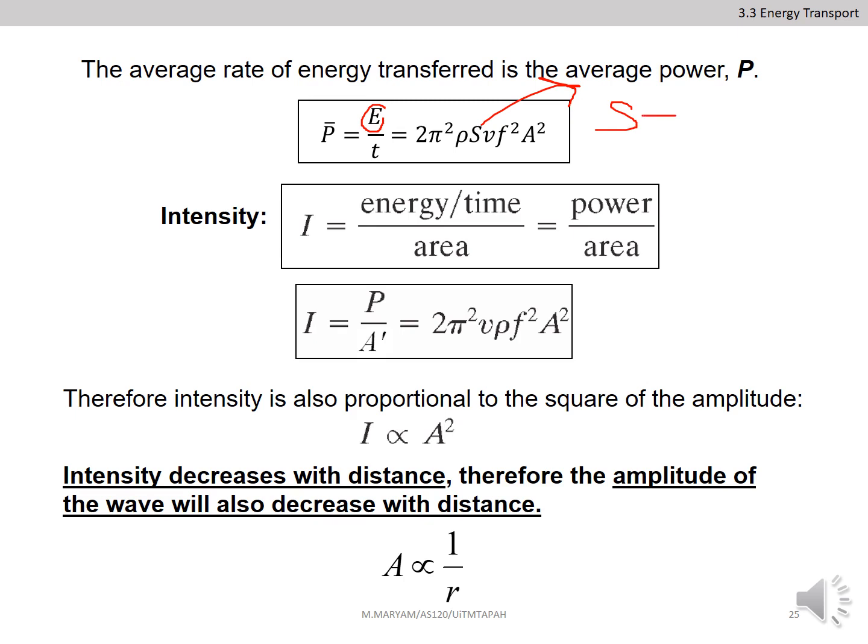Where does S come from? Actually, S is equal to energy divided by the time. In the previous equation there is A prime times t, divided by t.